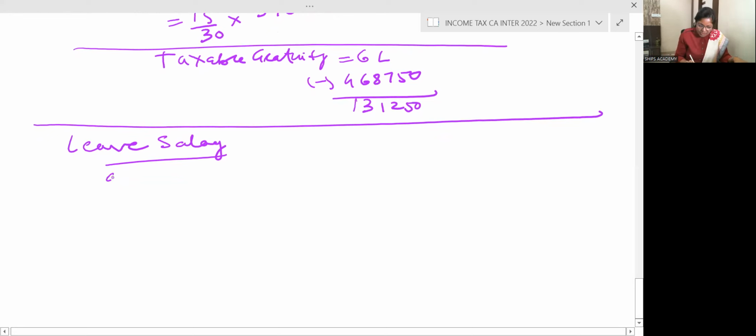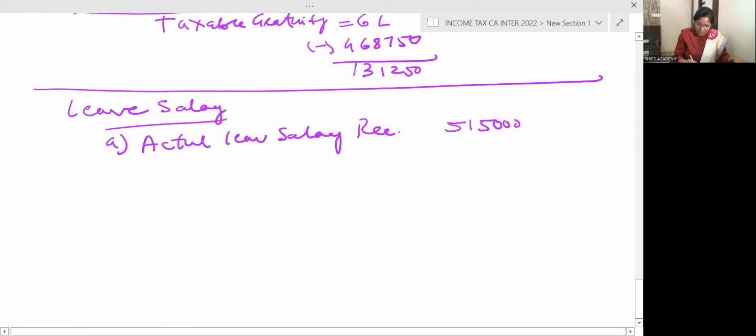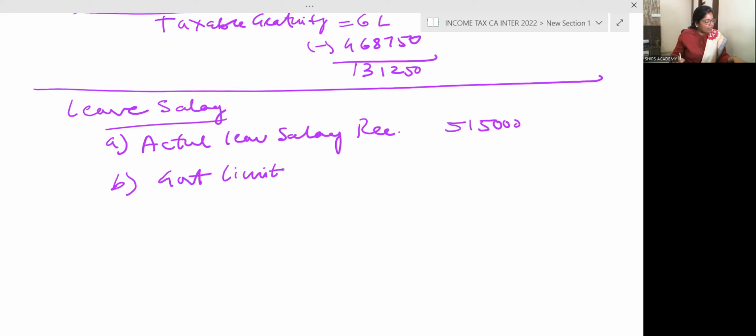Let us take the first one as actual leave salary received. How much is the actual leave salary received? 5,15,000. What is the government limit? All the government limits I have made you write separately, all definitions. So keep the booster notes as your plus point; anytime you can refer.